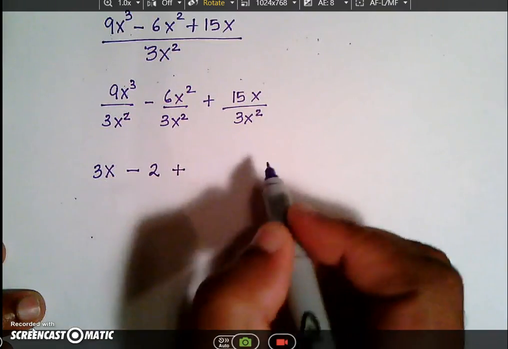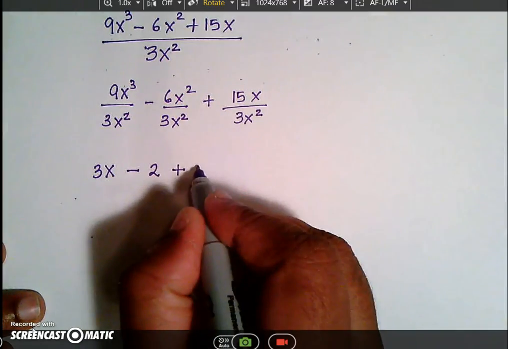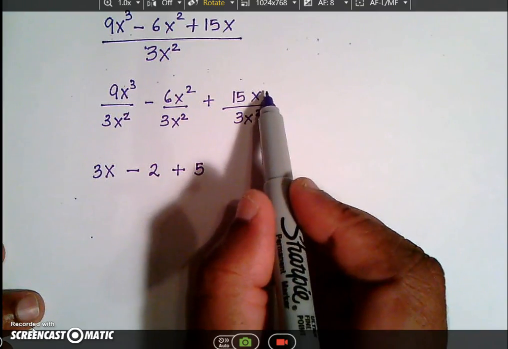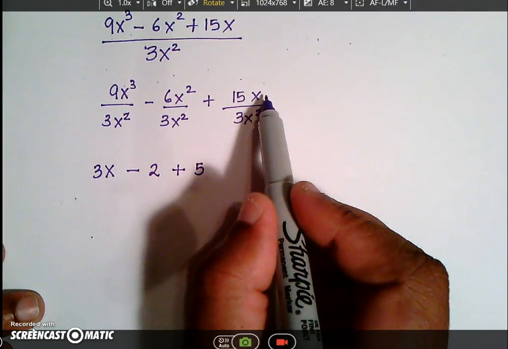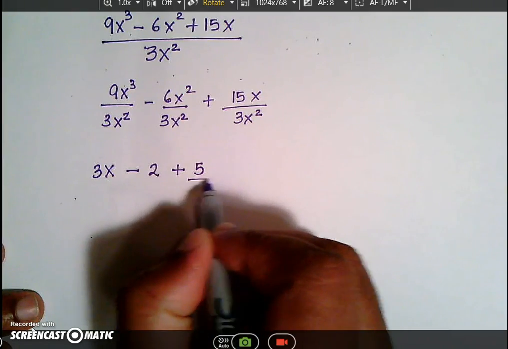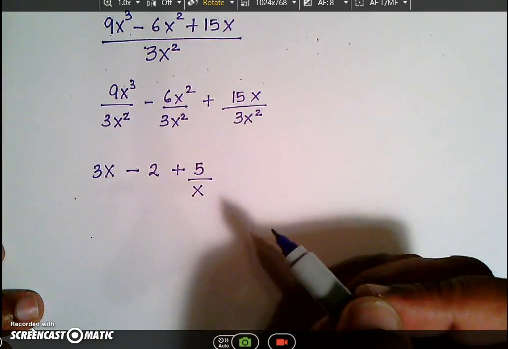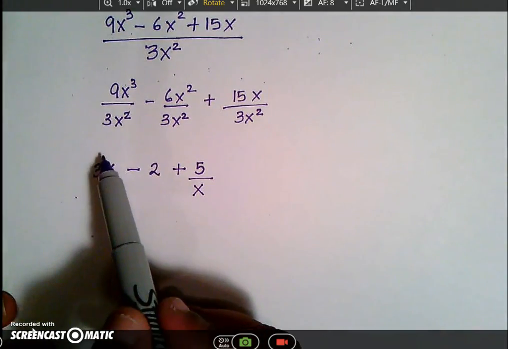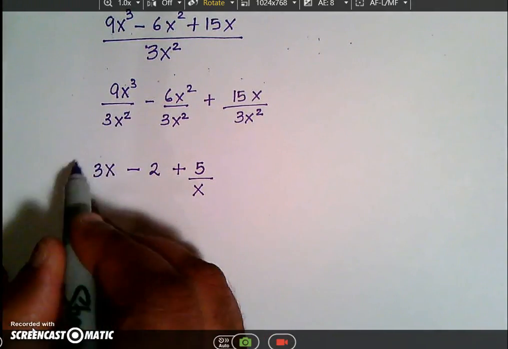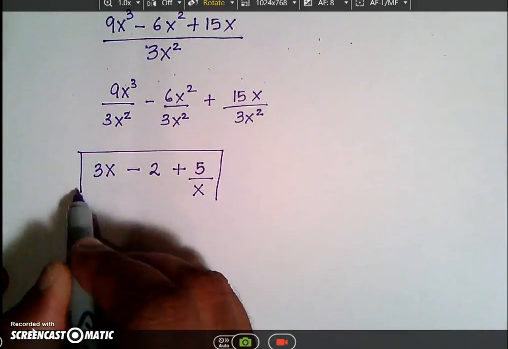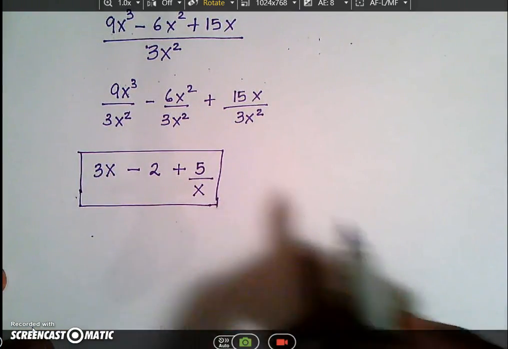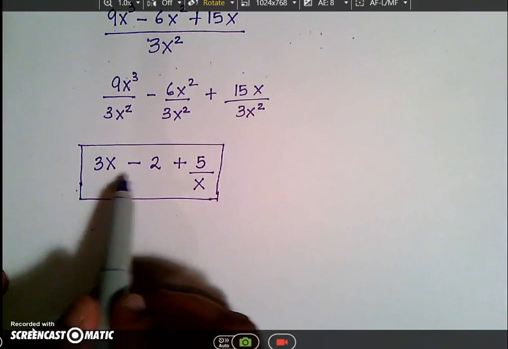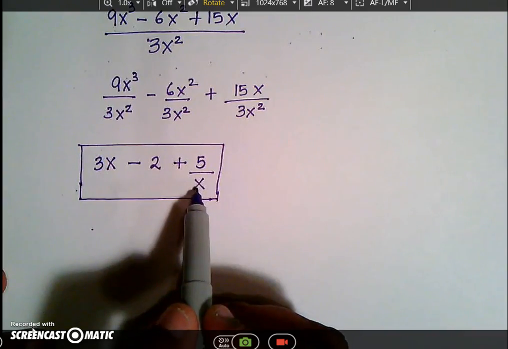So plus 15 divided by 3 is 5. X divided by x squared, I can cancel one of those x's, so there will be an x remaining in the denominator. Okay, so after I divided all the monomials by this monomial, I get my quotient. So 3x minus 2 plus 5 over x.